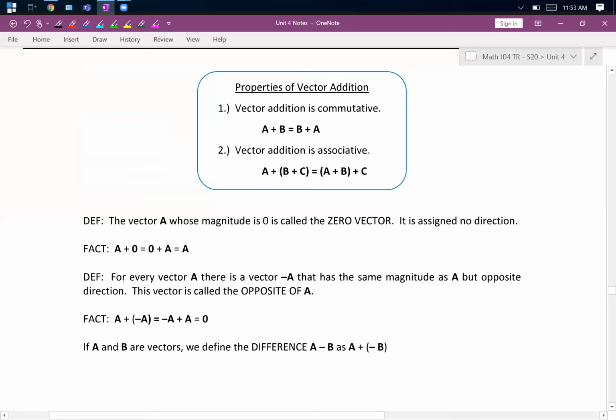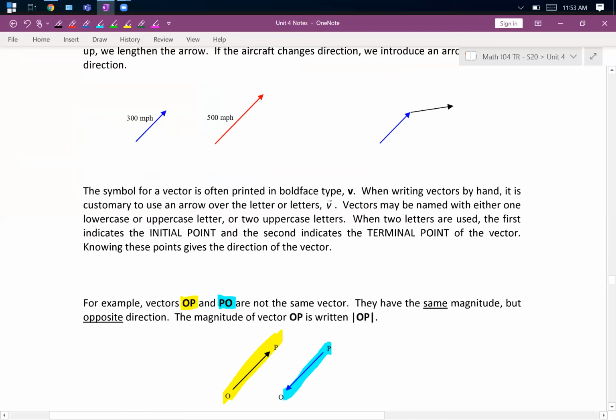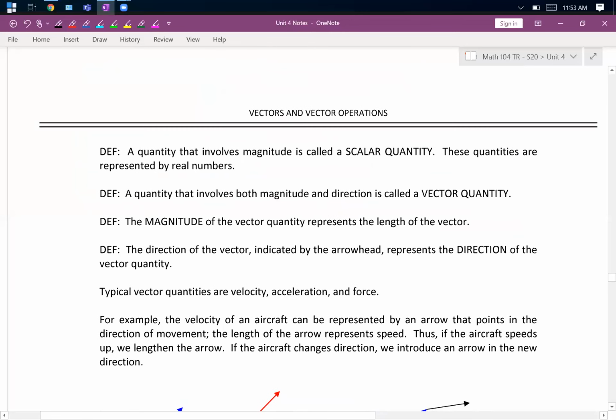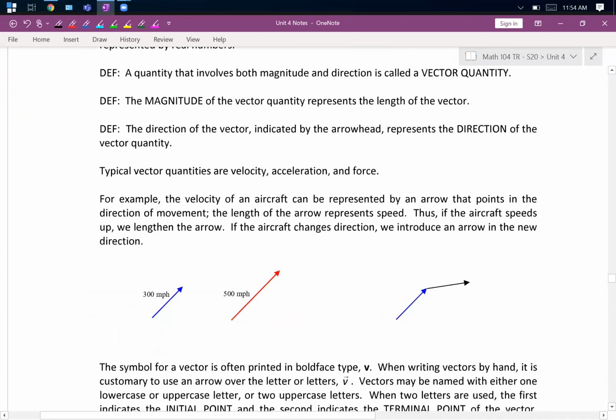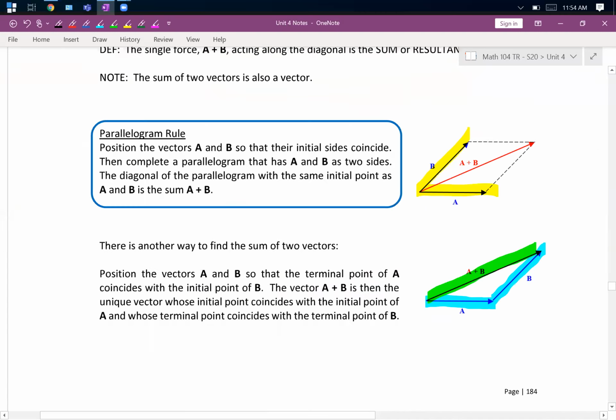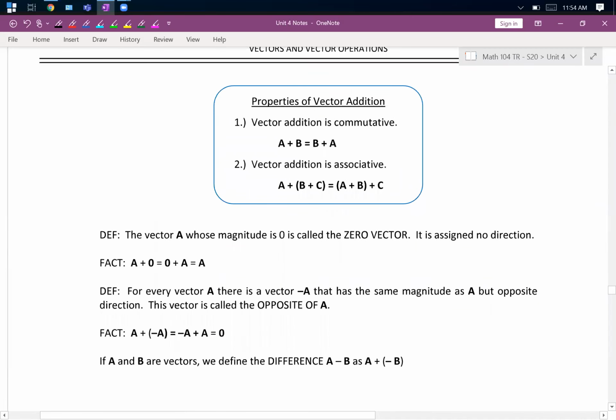We're going to find as we go through this section on vectors that vectors have a lot of the same properties as real numbers, which I think makes sense because we said in the very beginning when we defined a vector, a quantity that involves magnitude is a scalar quantity, and these are represented by real numbers, and vectors have magnitude to them. So these vectors tend to follow the same rules as our real numbers. So addition is both commutative and associative.